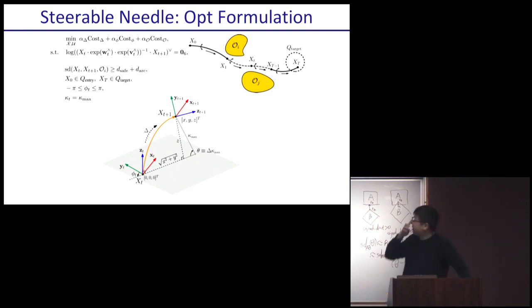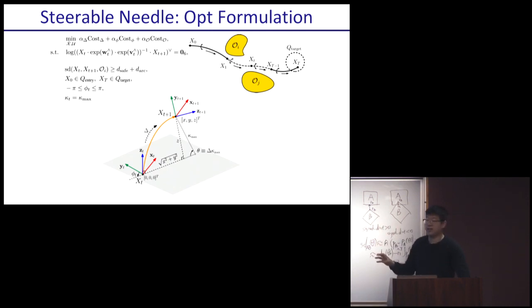The first constraint might be a little bit tricky, but you can think of this as the same as x_{t+1} equals f(x_t, u_t). The exp of w_t is something like rotation motion, and the exponential of v_t is the translation motion. Starting from x_t, we do the rotation and do the translation, we can get x_{t+1}.